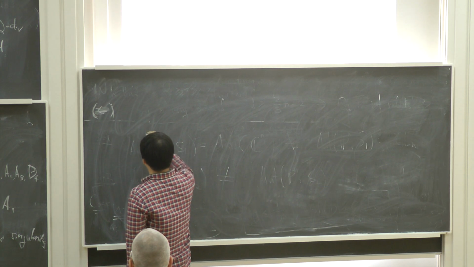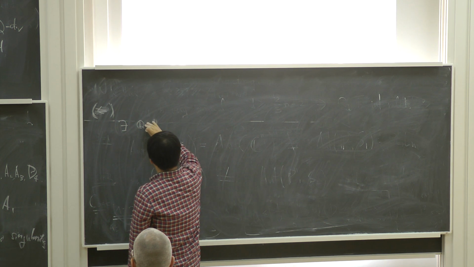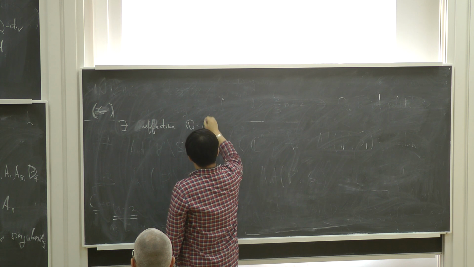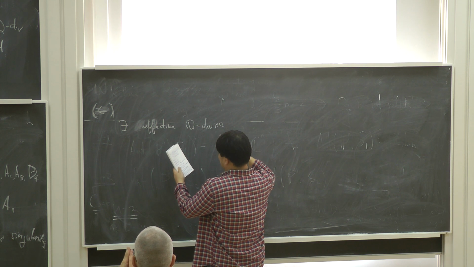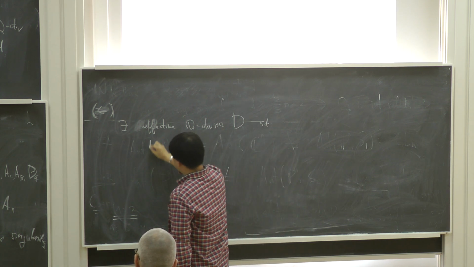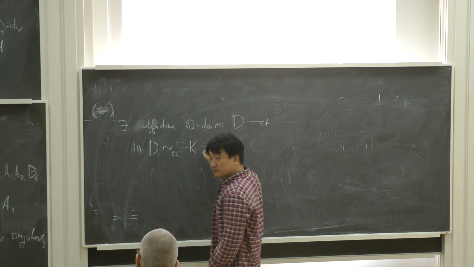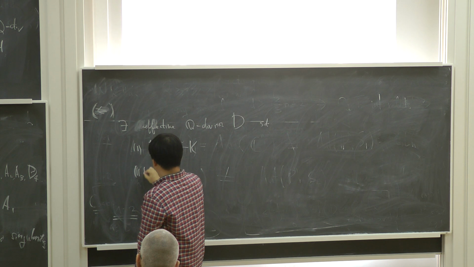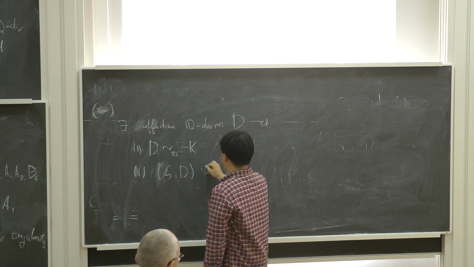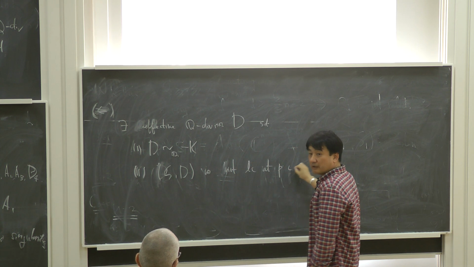Then that implies you're going to have some effective Q-divisor D such that, first of all, D is Q-linearly equivalent to minus K, and the second is that this pair S, D is not log canonical at some point P on S.